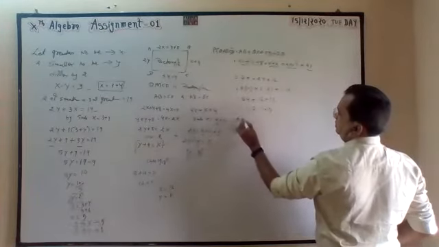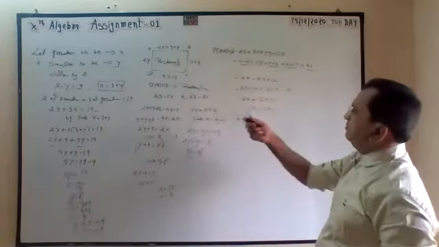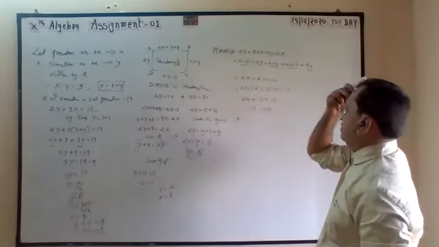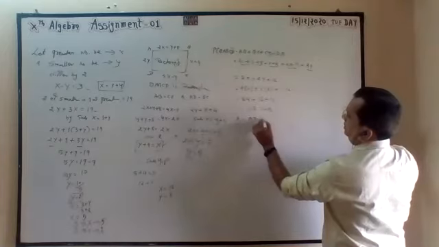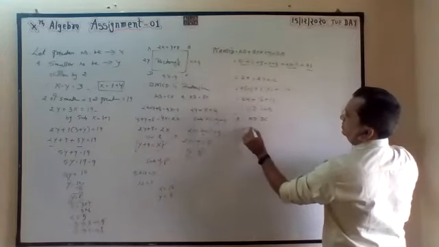Now area. Which is the small length, which is the small breadth, that you have to take. So AD, DC. 2y.